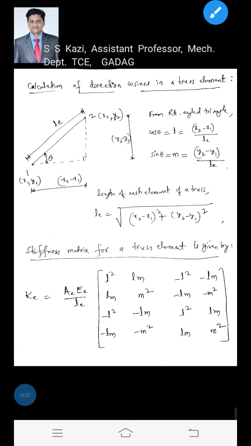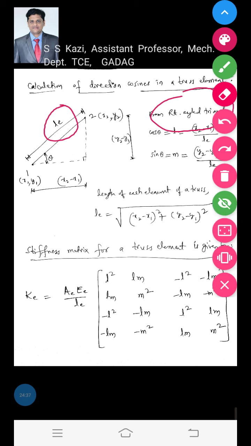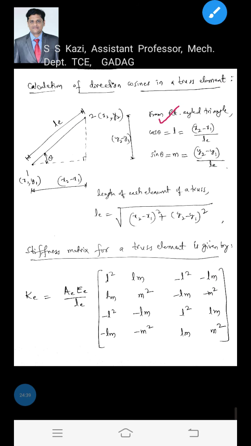Now from this right angled triangle we will deduce the equations for LE, the length of the element, and the direction cosines l and m. What is cos theta? We know one of the direction cosines, that is l. Cos theta is equal to adjacent by hypotenuse.